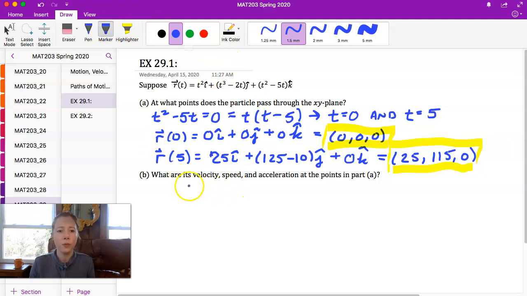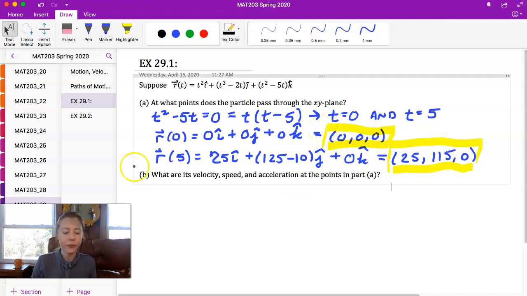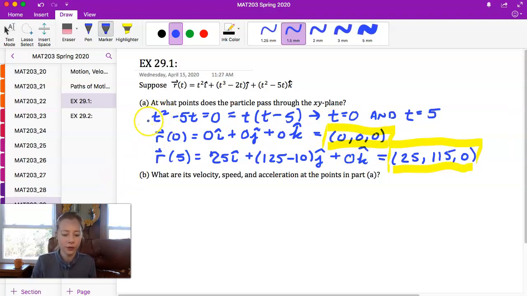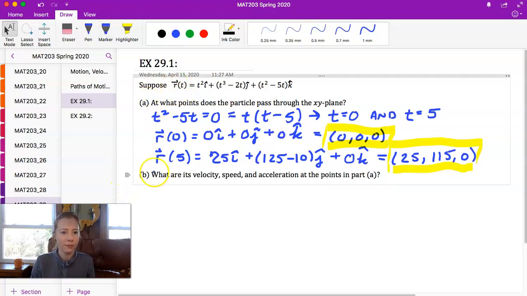Okay, next we want to know the velocity, speed, and acceleration at these points we just found. In order to get the acceleration, we first need the velocity, which is the first derivative of position.